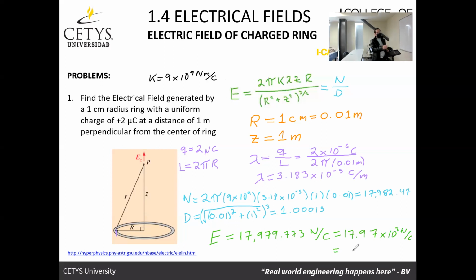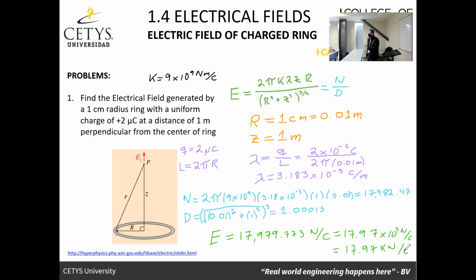Another way of representing the same magnitude is to say that this is equivalent to 17.97 kilonewtons divided by Coulomb. Why am I putting this example? Because of the magnitude. If I tell you 17,979, that's a large number.